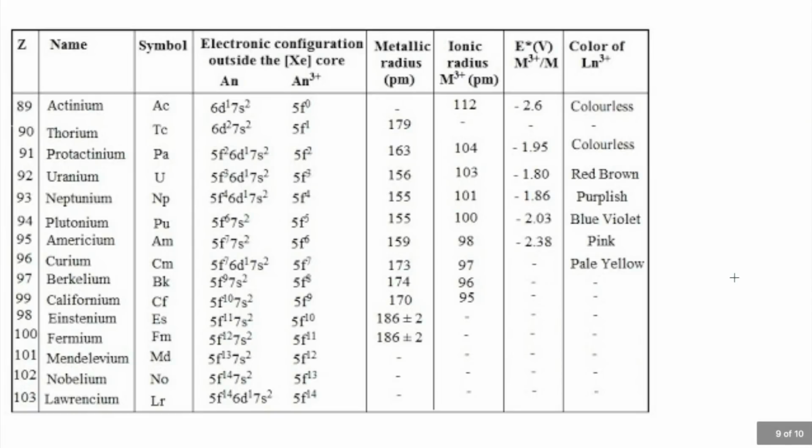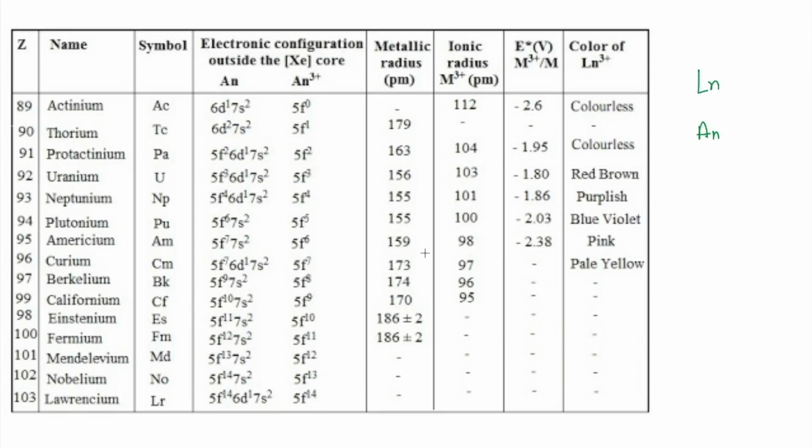Apart from them, there is one more table regarding your actinides. All the actinides are given here, with their symbols and the electronic configurations of the +3 ion. Just like lanthanides are denoted by Ln, actinides are denoted by An. Remember, I have not discussed much about actinides because most of the properties are similar for both. The only differences are mentioned here. Instead of 4f there will be 5f elements.